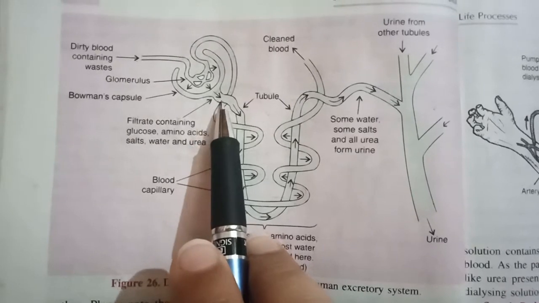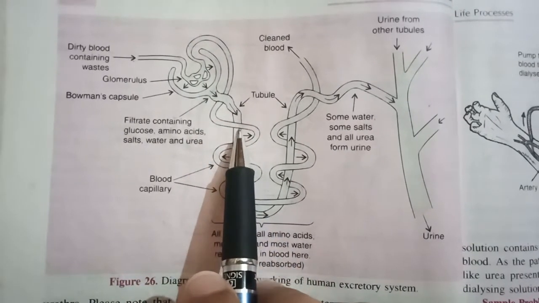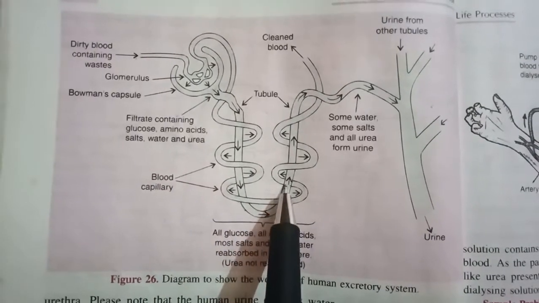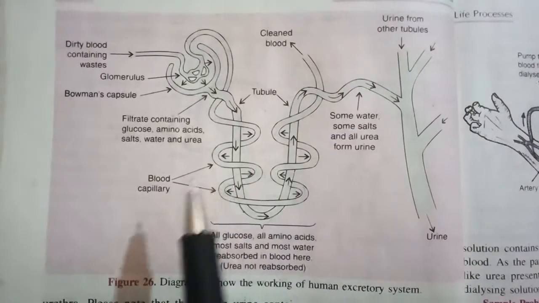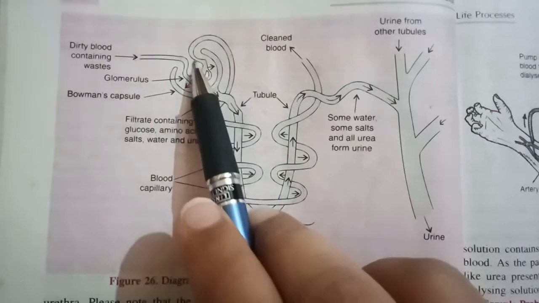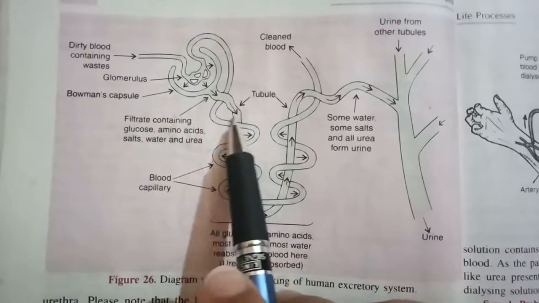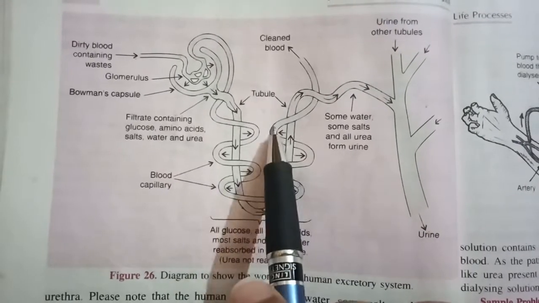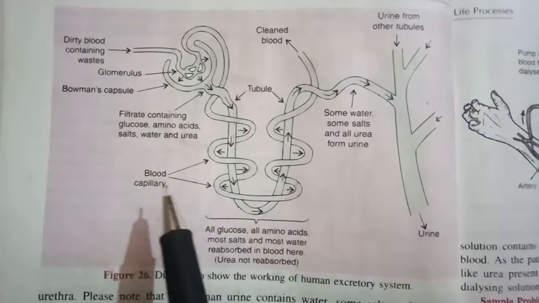Now when the filtrate containing glucose, amino acids, salts, water, and urea enters the tubule, what will happen? The other end of the glomerulus, which is surrounding the tubule, causes selective reabsorption to occur.